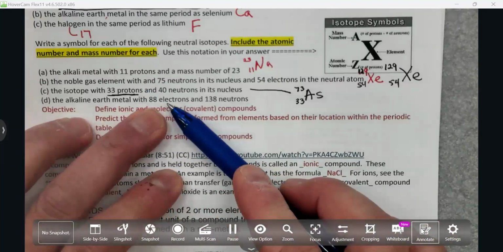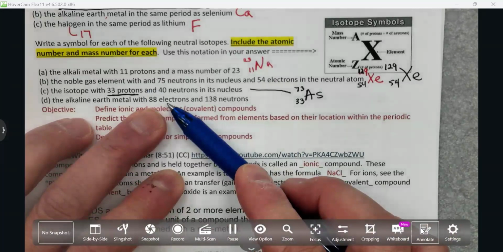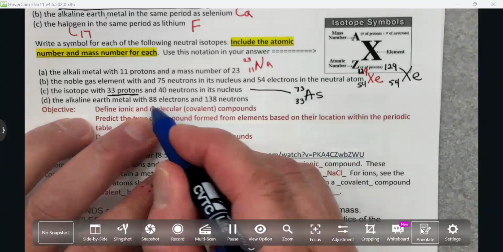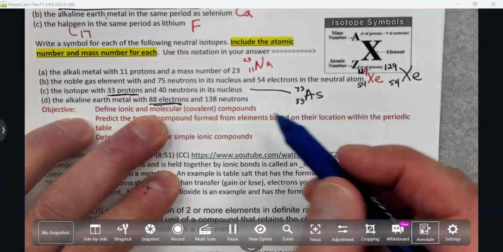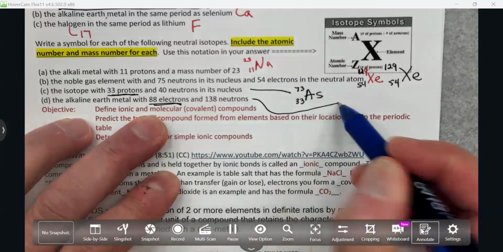Alkaline earth metal, 88 electrons. This has to be group 2. What's that get us?